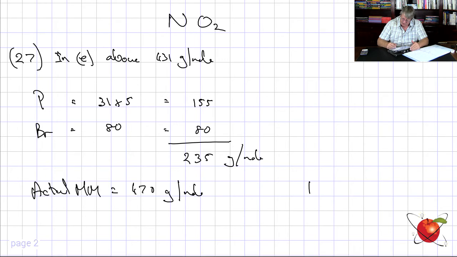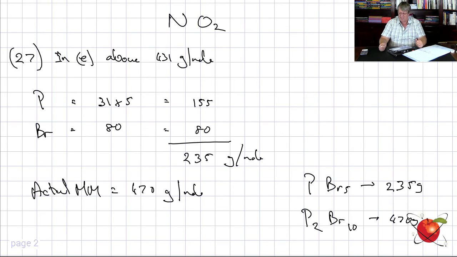It means that this is not PBr5. Why? Because PBr5 weighs 235 grams. This other stuff that's composed of PBr weighs 470 grams, which means it must be P2Br10. We're going to double it up. It's a 2 and a 10.